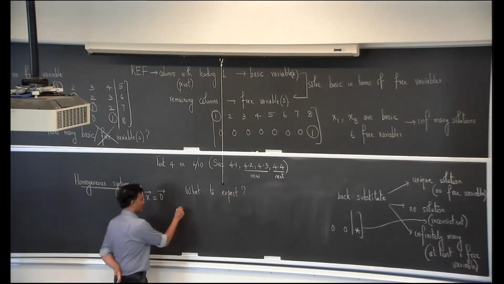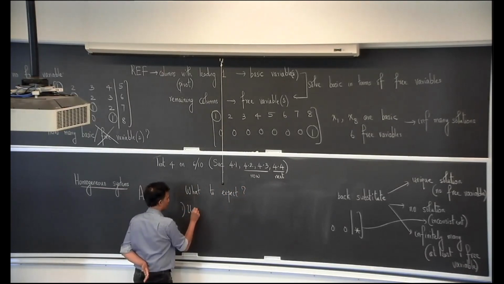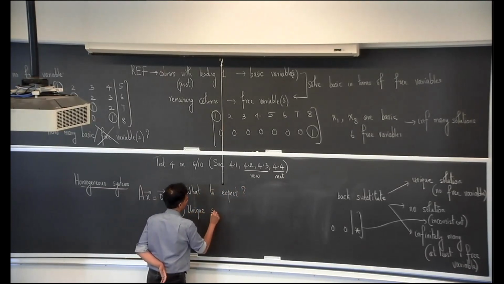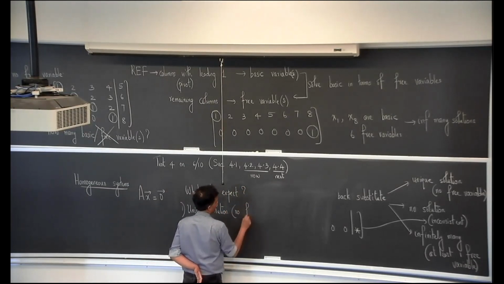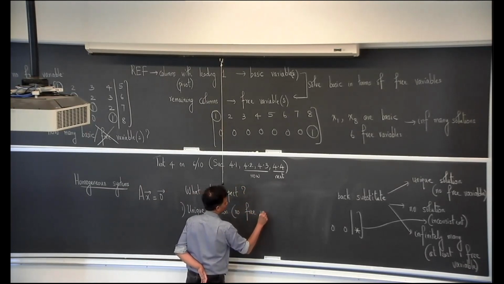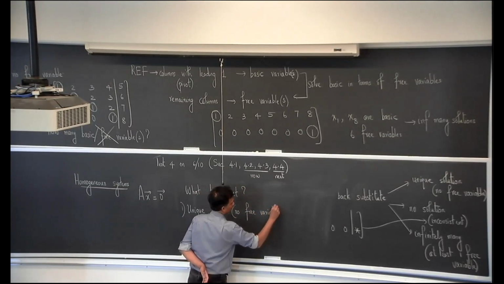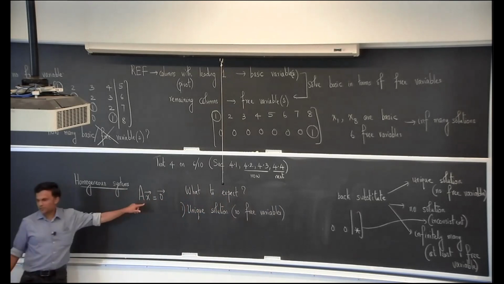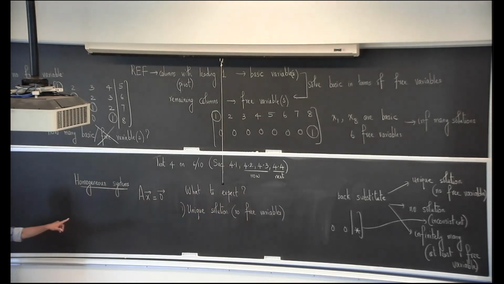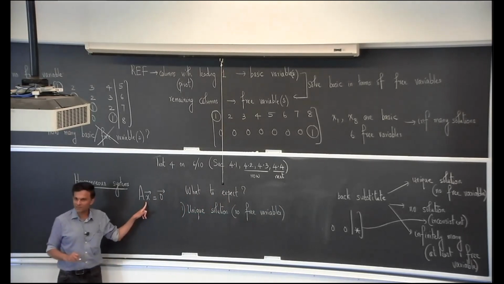One situation is that there is a unique solution, which means there are no free variables. If there is a unique solution to this system, what is that solution? What is an automatic answer to this system here?